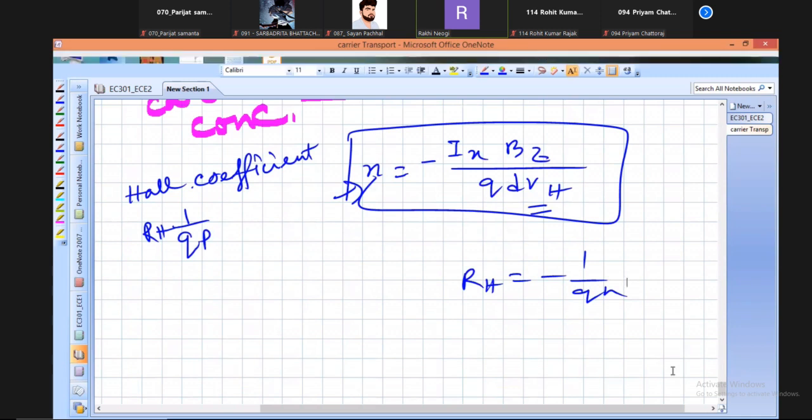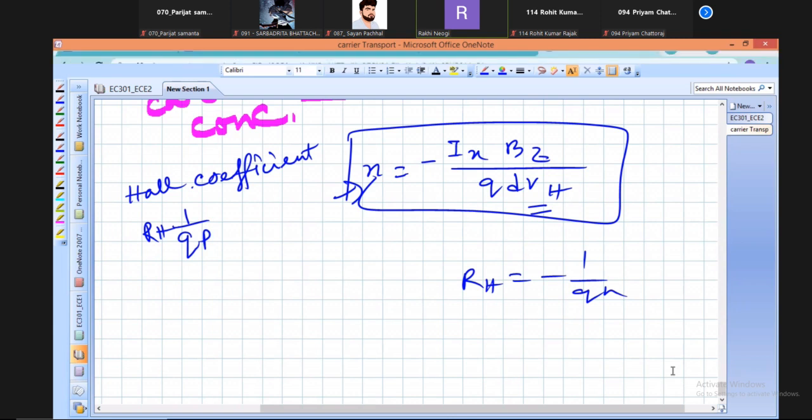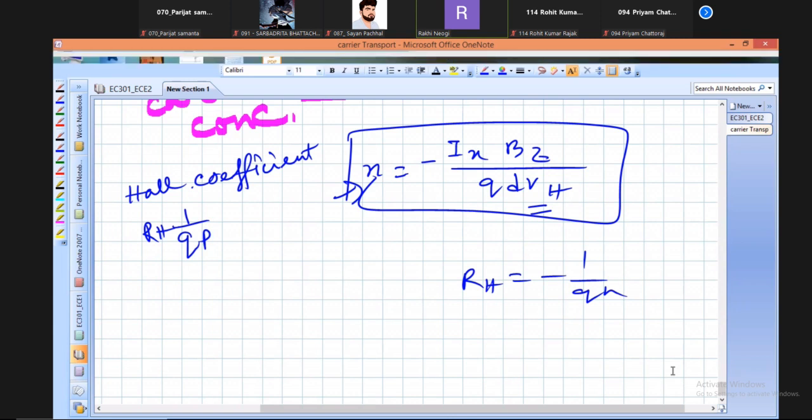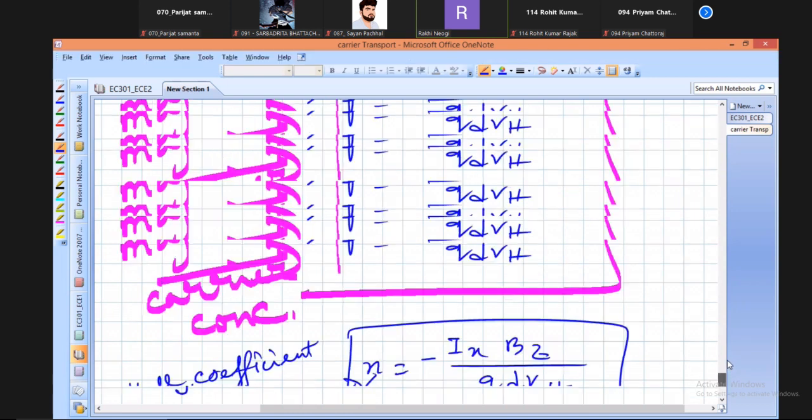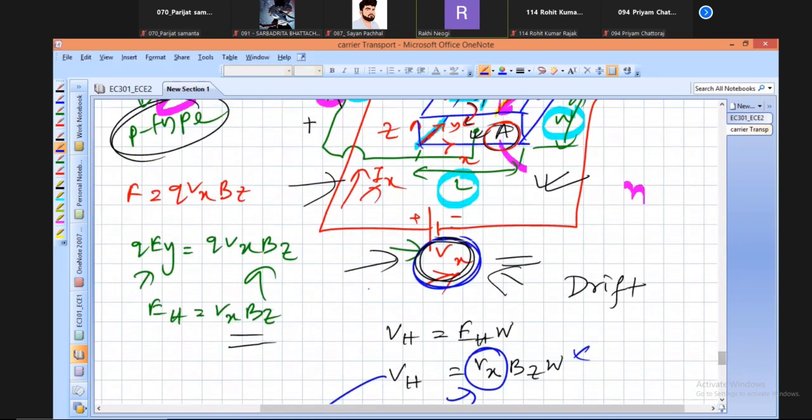After that, I'll move to the section where we will calculate the majority carrier mobility. In your last class, I mentioned that we are able to decide the majority carrier concentration and the majority carrier mobility. Now, students, what you know is that there is a current because we apply Vx. Due to this Vx, the current is present.